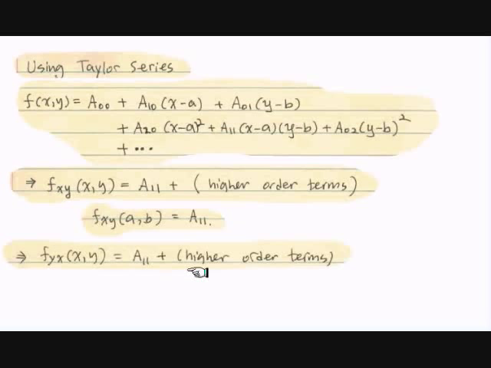Now let's look at the derivative with y first and x later. It's similar: all the terms here disappear, except the x minus a and y minus b survive with a constant term. Everything else, again, has this x minus a or y minus b in the term.